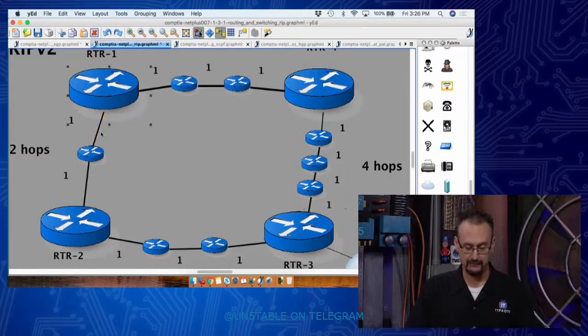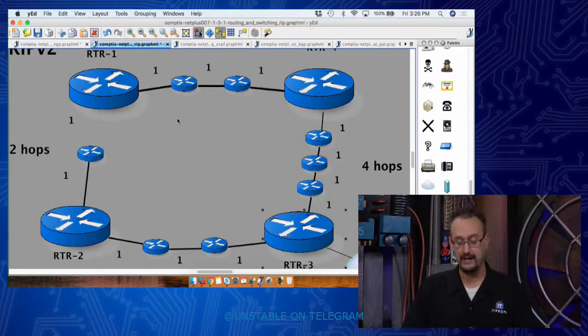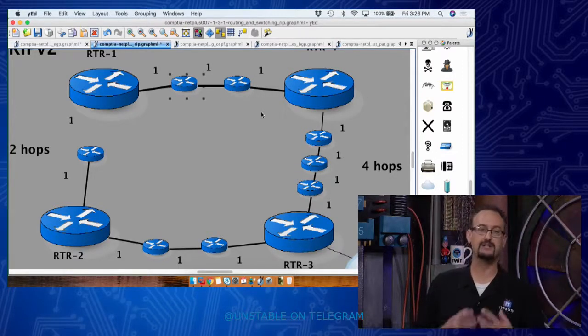If for some reason this link goes down, and router 3 hasn't been made aware of the fact that that link's down, it could keep sending information into this bad route around this path. Then when it gets to this router, it says, I can't talk to router 1, let me figure out how I can talk to router 1. Well, I learned through the grapevine that this router said, yeah, I could get that information to router 1, and it goes back this way, finally back around the chain. So you can start to get things like routing loops, and you can get very, very slow convergence time.